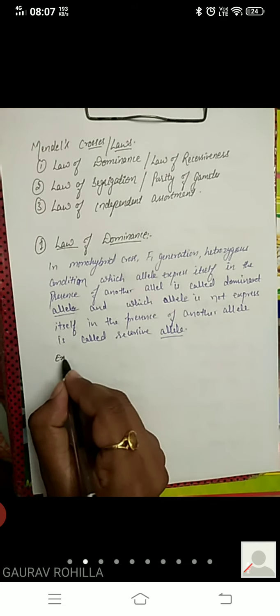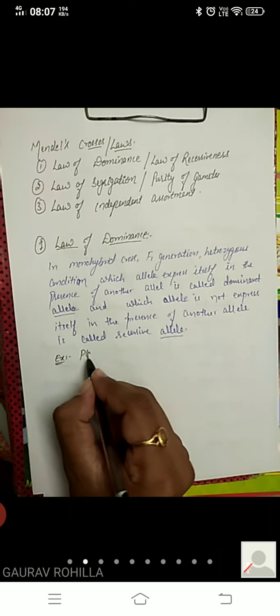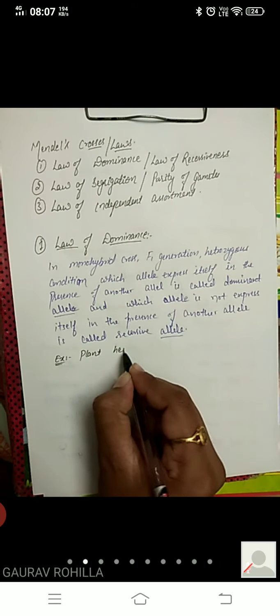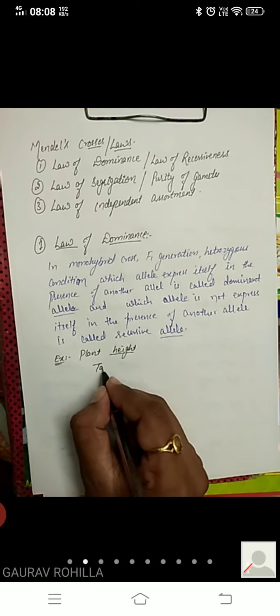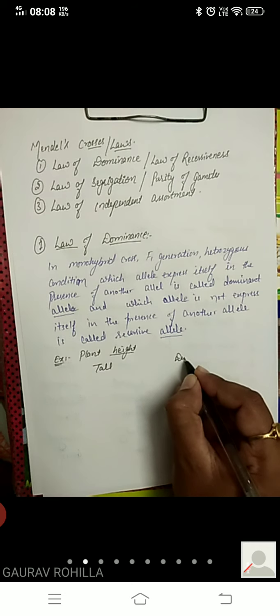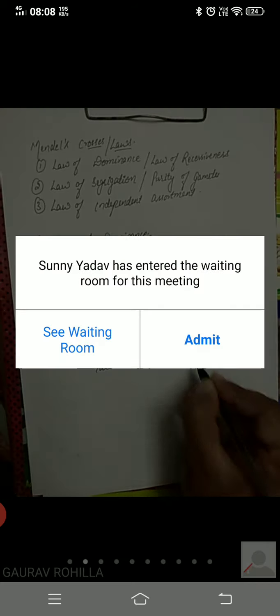Is it clear? Now, the cross. For example, plant height: it should be tall, it should be dwarf.